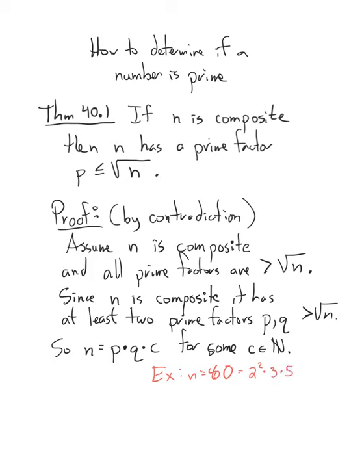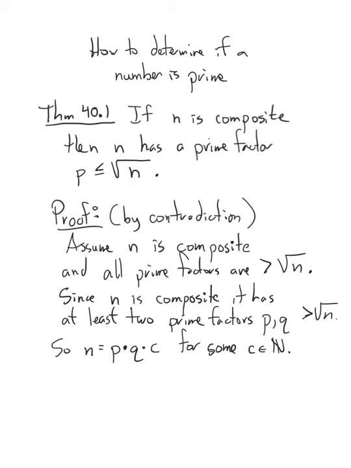And the square root of 60 is 7 and a bit. But I'm going to pick 2 prime factors. You can see none of these are greater than the square root of n, but the idea is I'm going to pick 2 of them, and then whatever's left over is going to be your C. So whatever 2 prime factors, it could be the same. In fact, I could have picked 2 twice in the previous example, and that would have been fine.